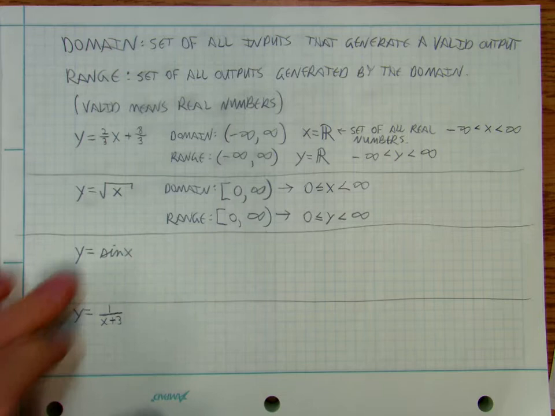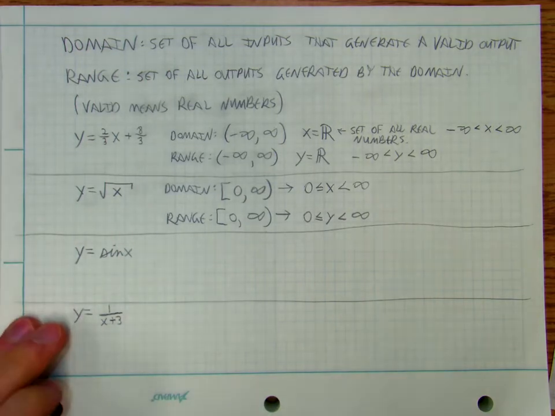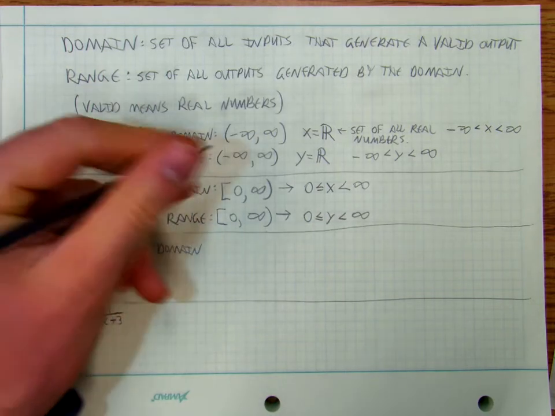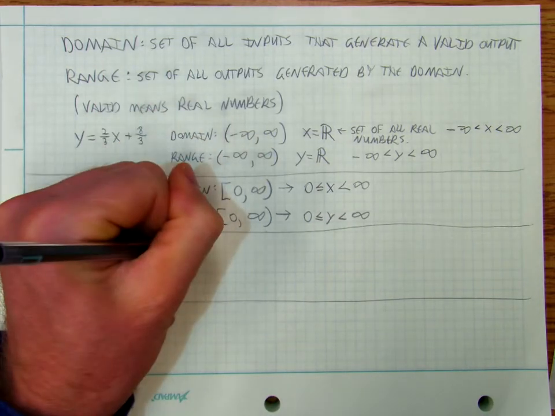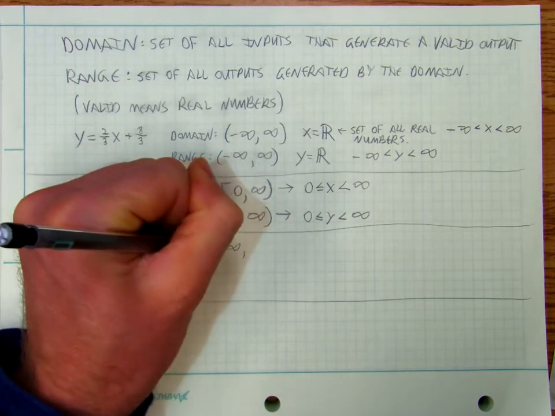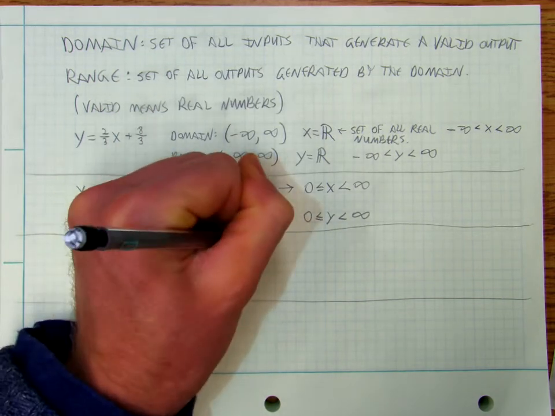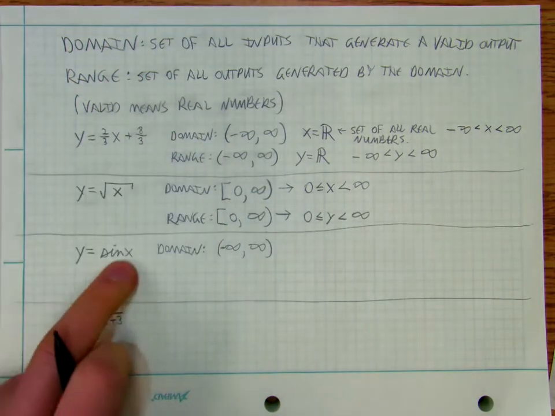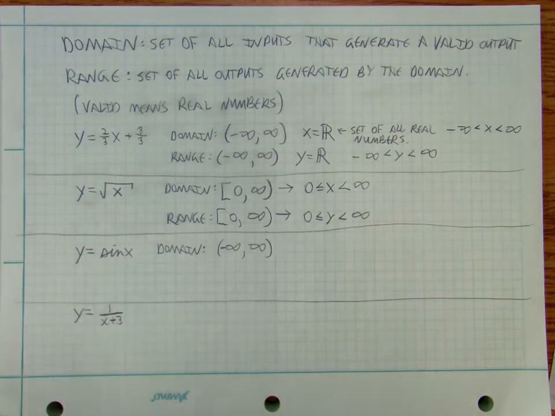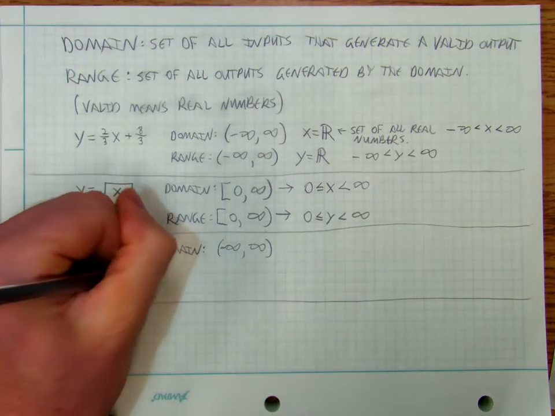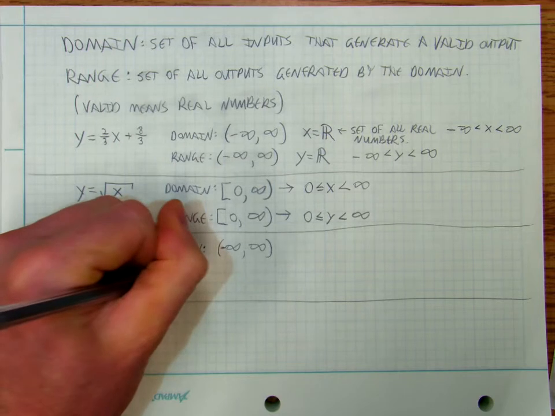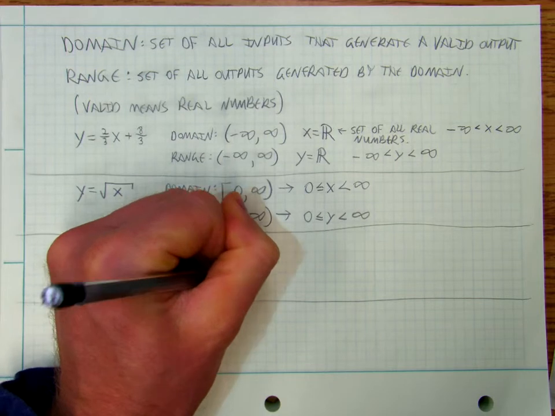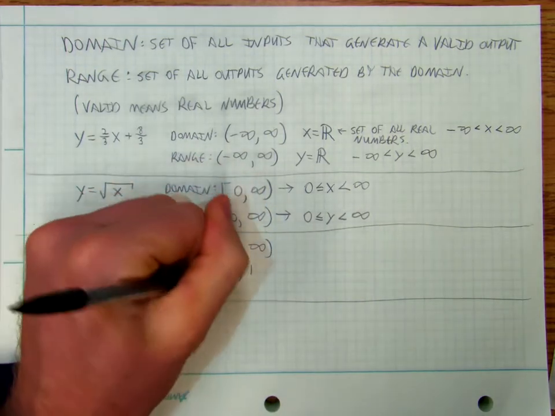Okay, so for y equals sine x, I can plug in any number that I want and I can get a valid real output. I can plug in any real x and I can get out a y. But, as you should know, my range is really restricted. It goes from -1 to 1. Oh, and it's inclusive. It includes those.